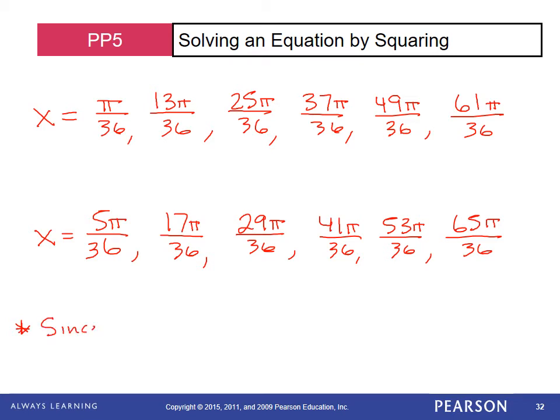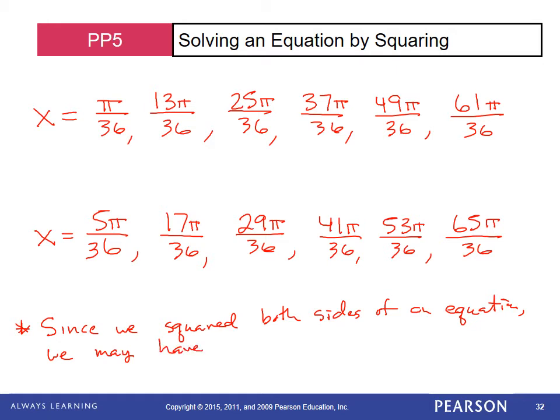Since we squared both sides of an equation, we may, not always have to, but we may have, that's kind of a funny word here, extraneous solutions. That's a cool math term here.